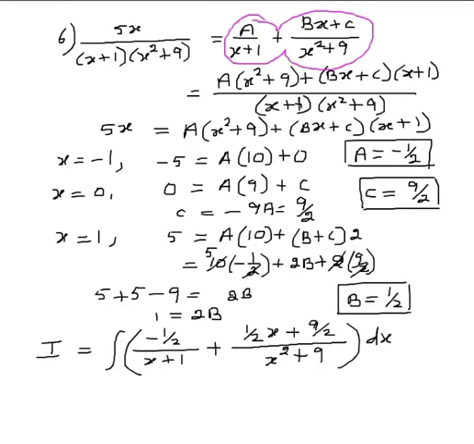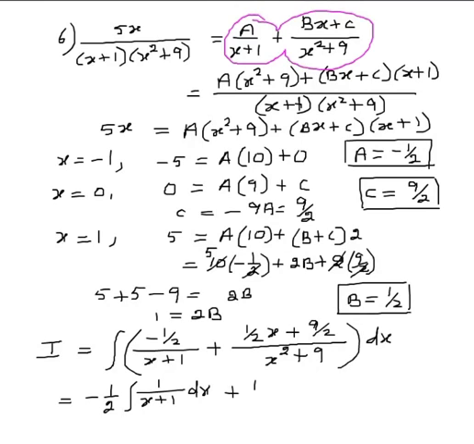In the second integral, we have linear function divided by quadratic, but there is no x term here. So when you have linear function divided by a quadratic function without x term in the denominator, directly split it into two functions. Therefore, the first integral is minus half into integral 1 divided by x plus 1 dx.